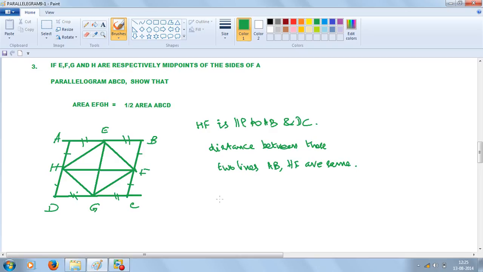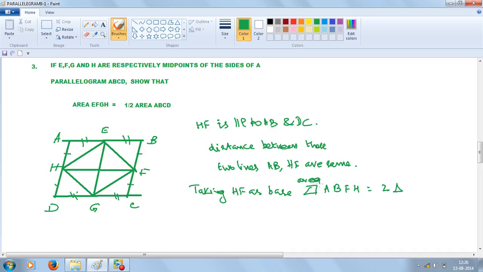So we can do this problem in two ways. When HF is the base, so taking HF as base, we have the parallelogram ABFH equal to twice the area of the triangle EHF.